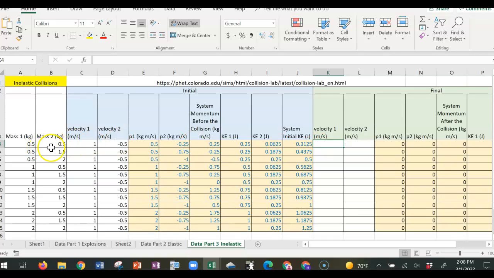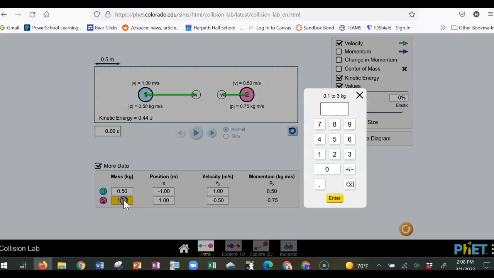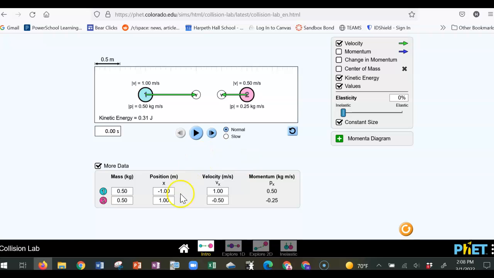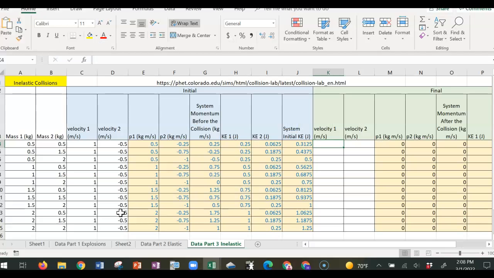For the first row, I'll set both of these to a mass of 0.5 kilograms. I do not touch the initial velocities; leave those at the default values. The only thing I'm changing is the mass, to the values in the table.